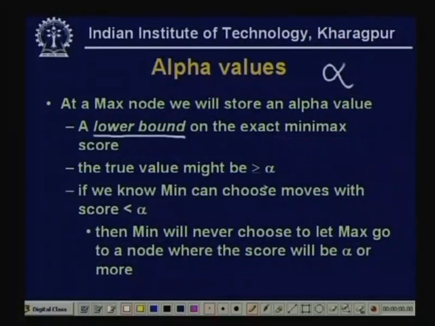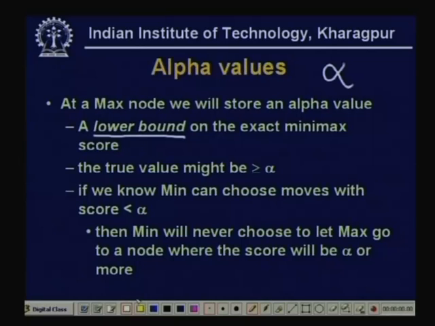So, alpha value of a node can only increase, right. So, if a max node has an alpha value equal to alpha, its true value might be greater than or equal to alpha. Now, if we know that min can choose moves with scores less than alpha, then min will never choose to let max go to a node where the score will be alpha or more.